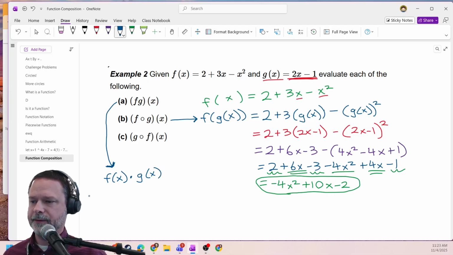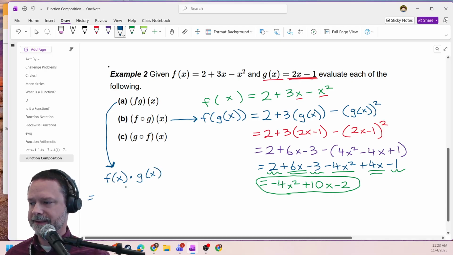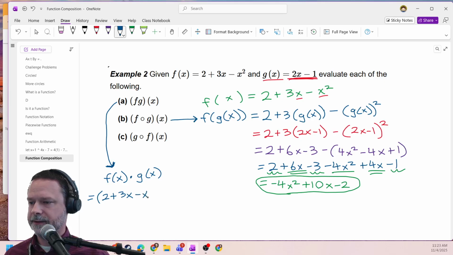And I think through a quick inspection, we can see obviously this will not be the same thing, because f of x is 2 plus 3x minus x squared times g of x, which is 2x minus 1. And I don't know about you, but I can see here that I'm going to have a negative x squared times a 2x.